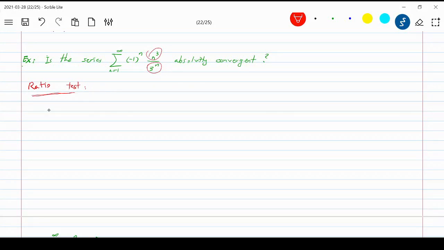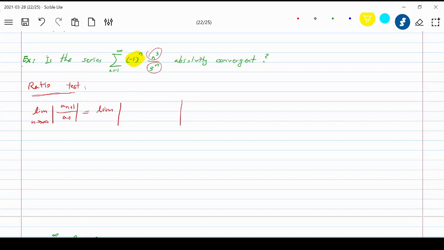So what is the ratio test? We just need to figure out the limit of the absolute value of an plus 1 divided by an as n approaches infinity. Let's calculate. Since we're taking an absolute value, this negative doesn't really make any difference because it would disappear.